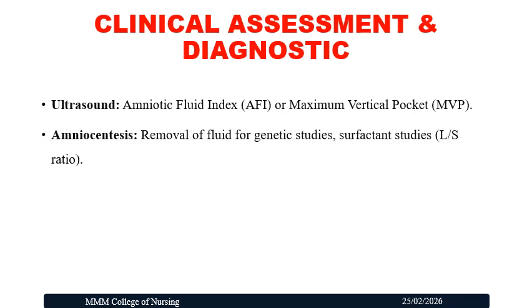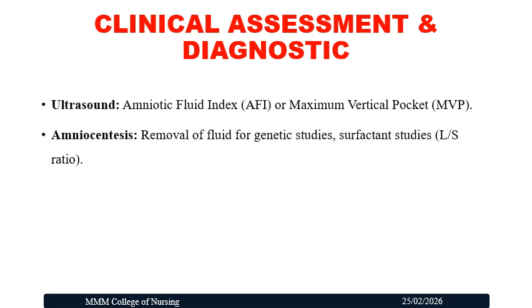Clinical assessment and diagnostic. Here we can identify the amniotic fluid index through ultrasound. This AFI is otherwise called the maximum vertical pocket. Through USG, we can identify the AFI by dividing the amniotic fluid sac into 4 quadrants.